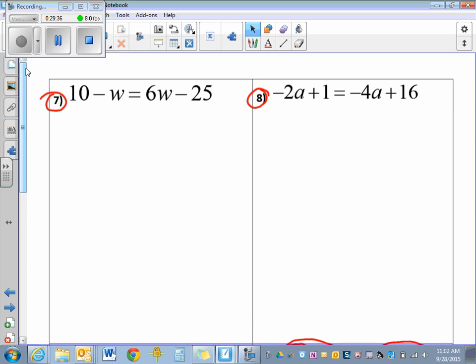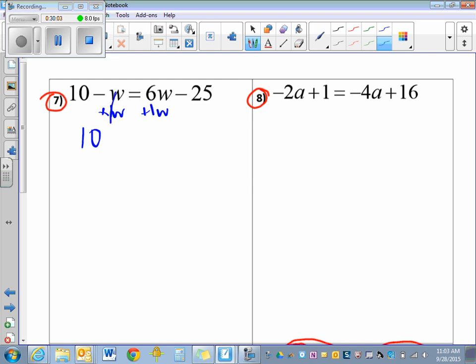Alright, number 7. Again, we have variables and constants on both sides. So we need to get variables on one side, constants on the other. I'm going to add my w, again, just to keep it positive. You could subtract your 6w if you prefer. But I'm going to add my w. Remember, same thing as 1w. So I have 10 minus w plus w, that cancels out.